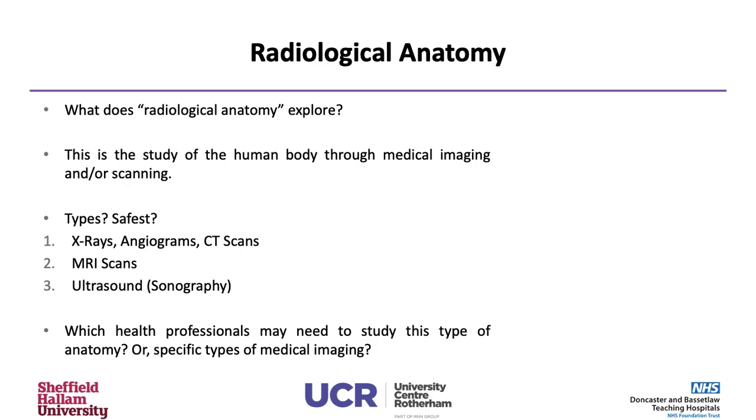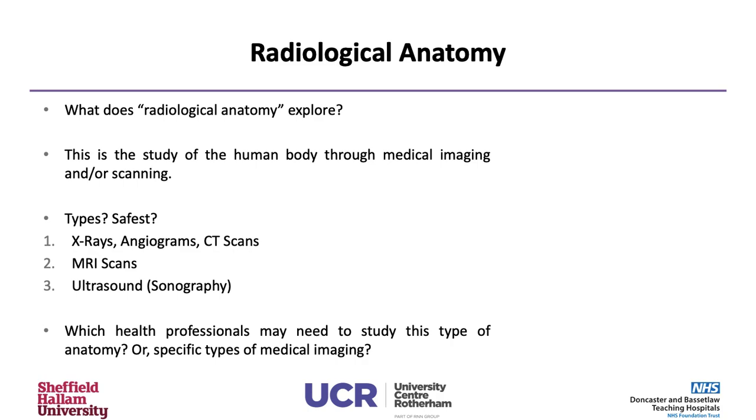Ultimately, there are different levels of safety, and different reasons why different types of medical imaging may be used. For example, MRI scans use magnets, so if anything is magnetic, for example metal in your body, generally speaking that wouldn't be a safe type of medical imaging to perform.